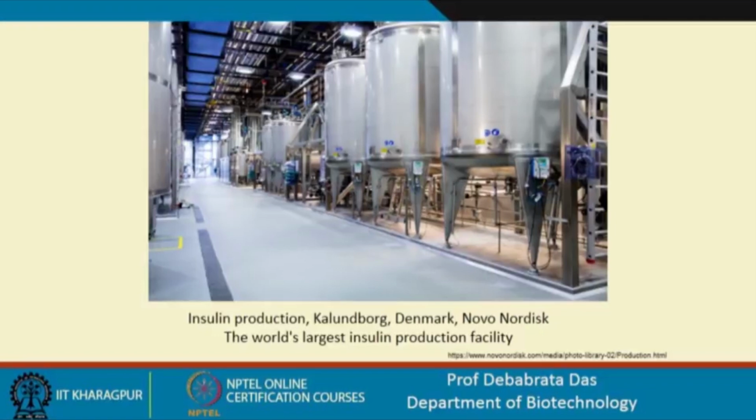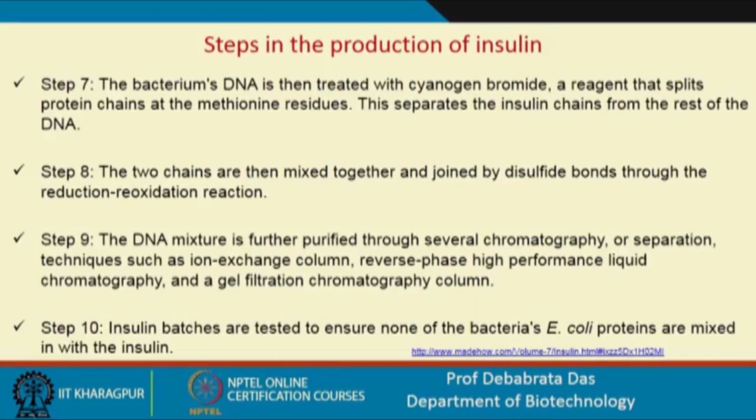Then the bacterial product is treated with cyanogen bromide, a reagent that splits the protein chain at the methionine site, and this separates the insulin chain from the rest of the molecules. This treatment is very important.